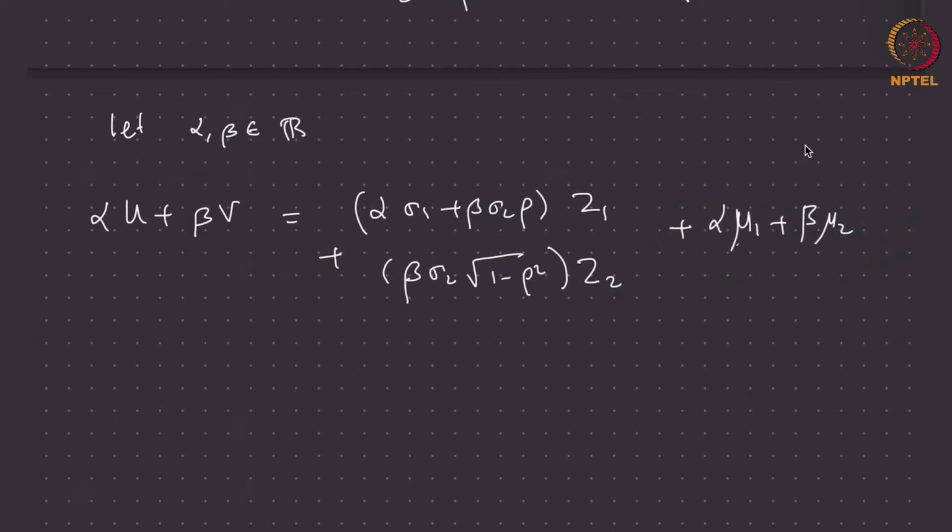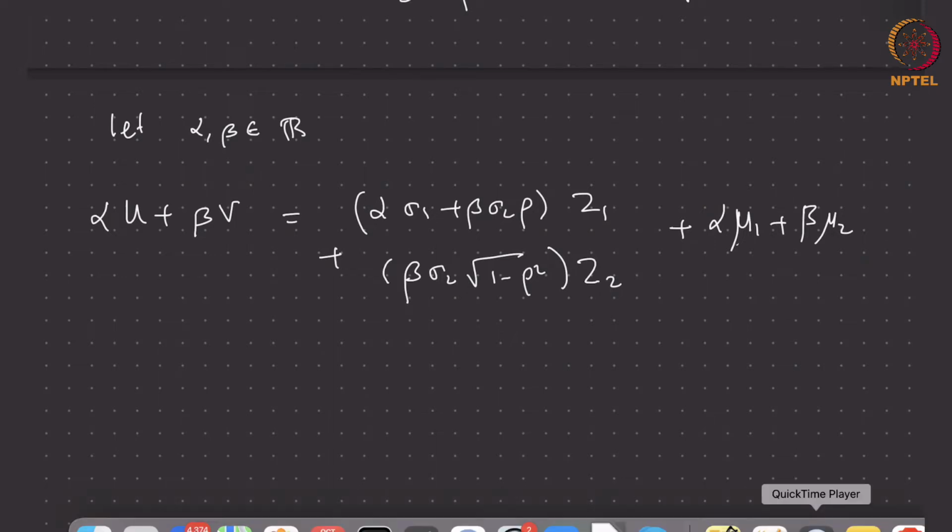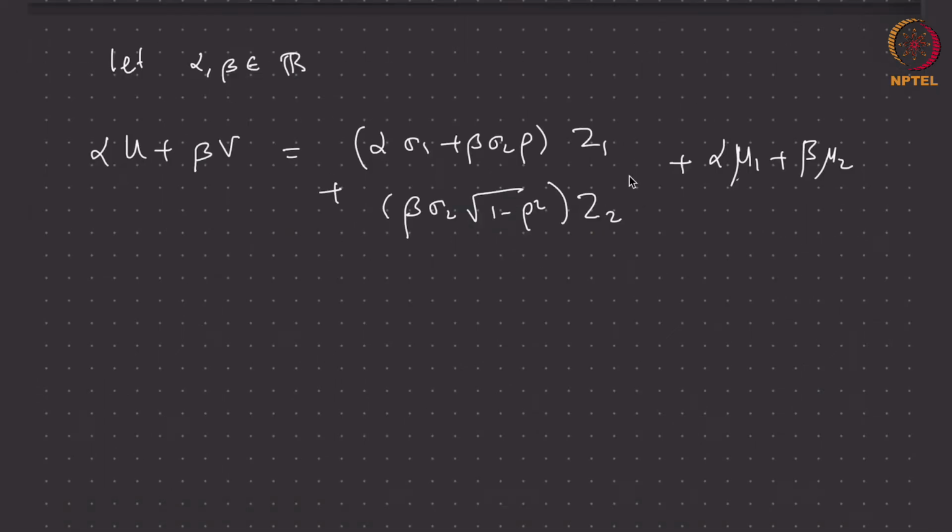Now if you notice, Z1 and Z2 are both normal random variables and independent. So here we'll go back and observe some facts about linear combinations of independent normal random variables. Notice that this has one normal random variable, another one, and it's a linear combination of them, and you're adding a constant.